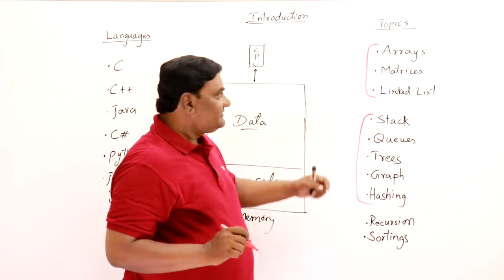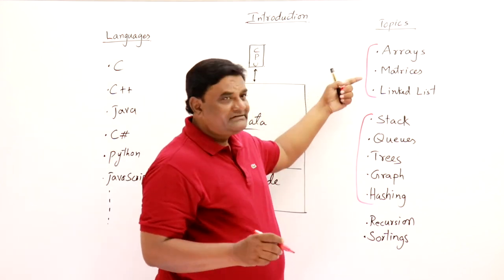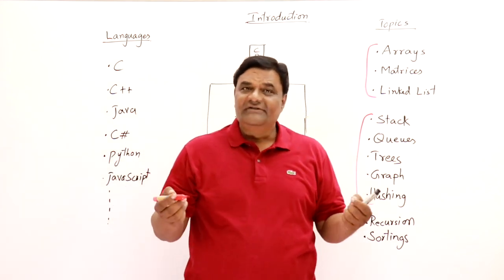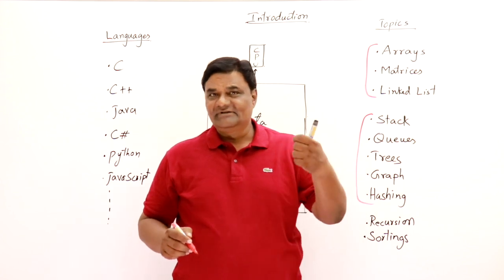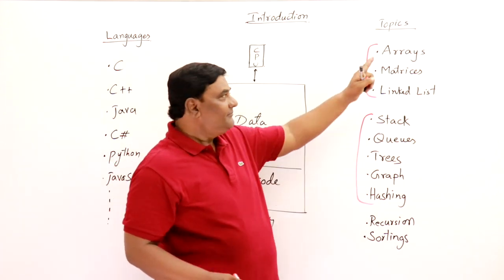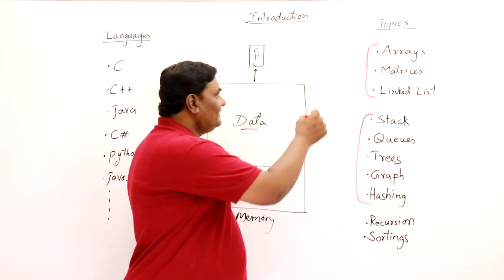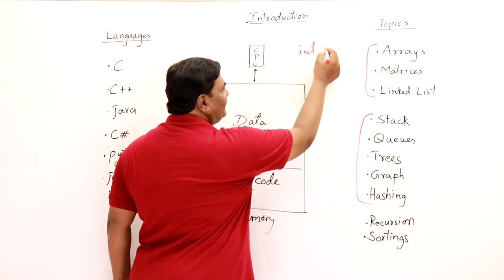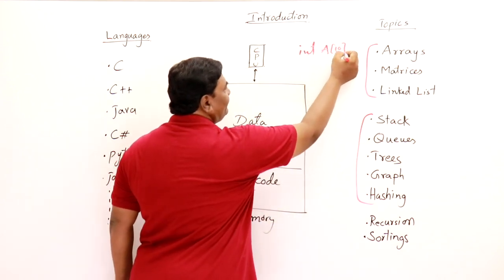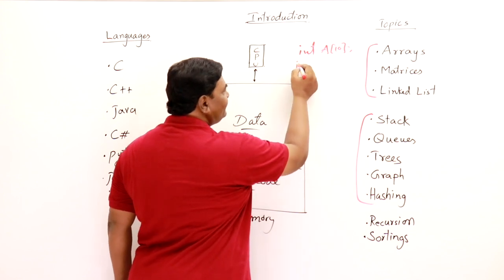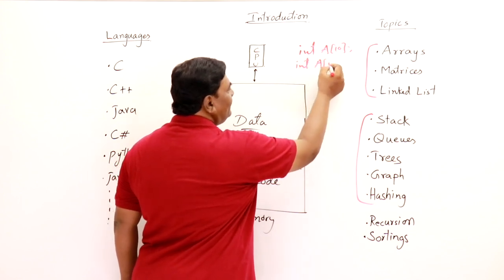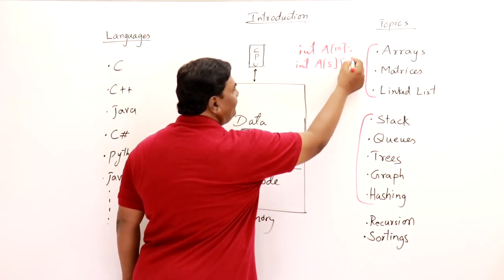If you take physical data structures like array and the matrices, these are provided by almost every programming language like C, C++, Java. In every language you have built-in arrays. This is a part of a compiler only. Directly you can declare an array like this and you can start using it. In C language you can declare a single dimension array like this, or a two-dimensional array of some size for implementing matrices.